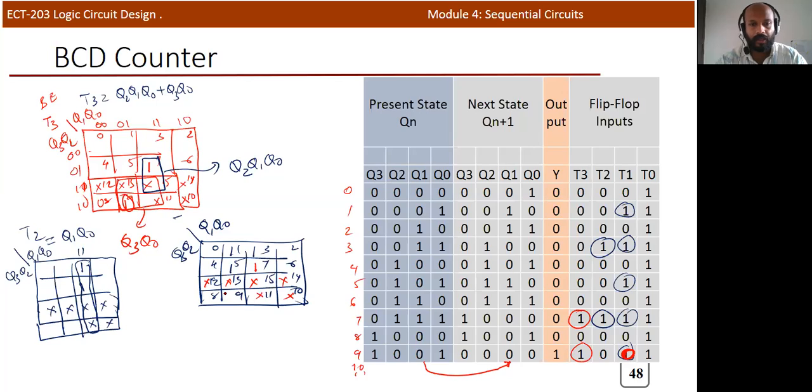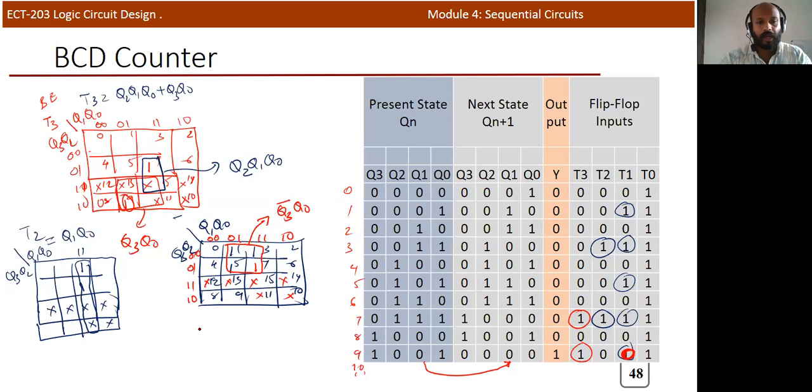And now we can group only 4 values. Then it is 0, 0, 0, 1, 1, 1, 1, 0. Here it is 0, 0, 0, 1, 1, 1, 1, 0. So if you write this, it's Q3 bar and here it is Q0.